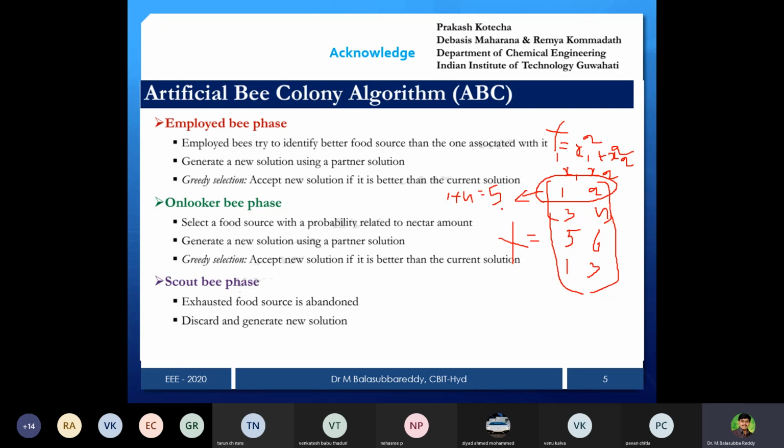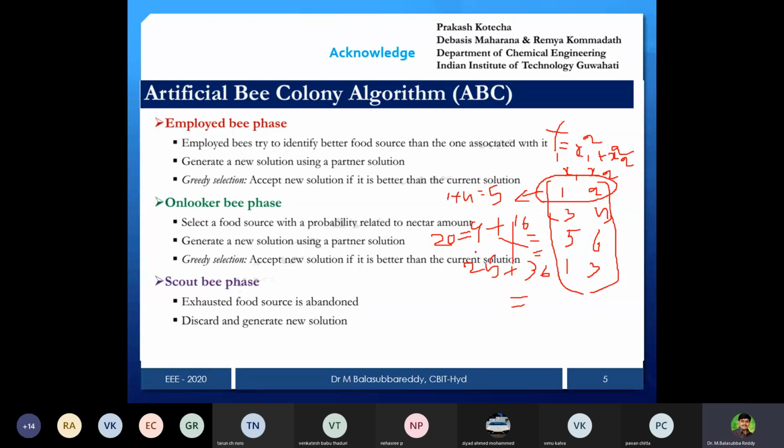That is the function value. Then if we substitute 3 and 4, 3 square is 9 plus 4 square is 16, which is 25. Like that I can get all these values, 5 square means 25 plus 36 and so on.